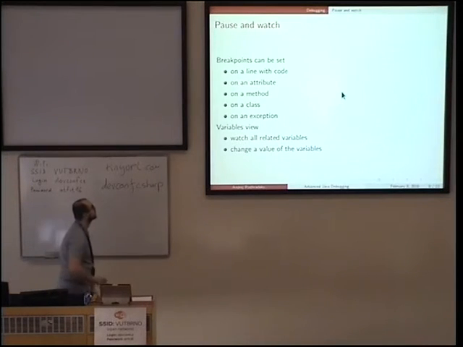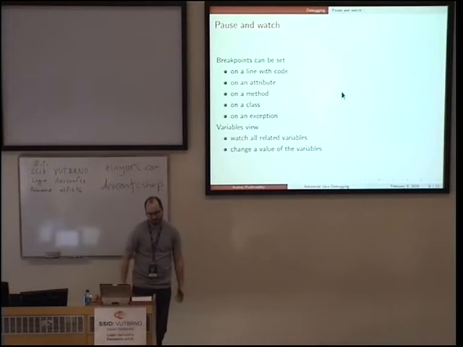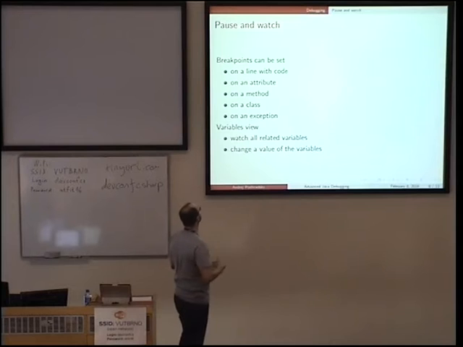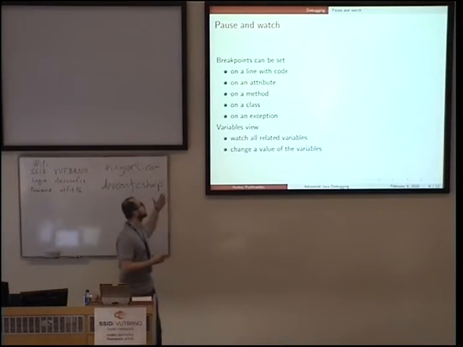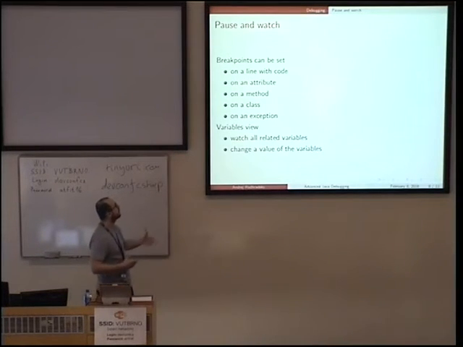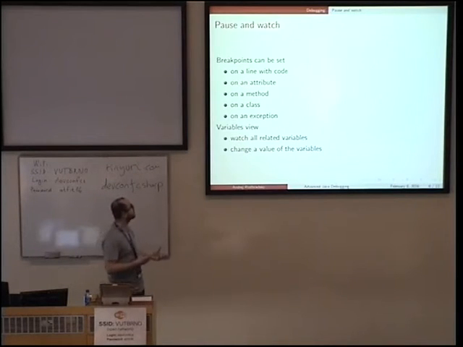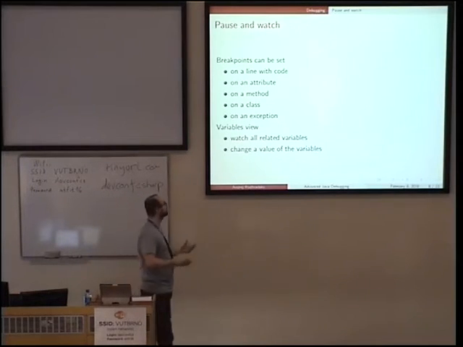So I showed you very basic working with Java debugging in Eclipse IDE, where you can put a breakpoint on a line with code, on an attribute, or on a method, or on a class. I won't show you such situation.